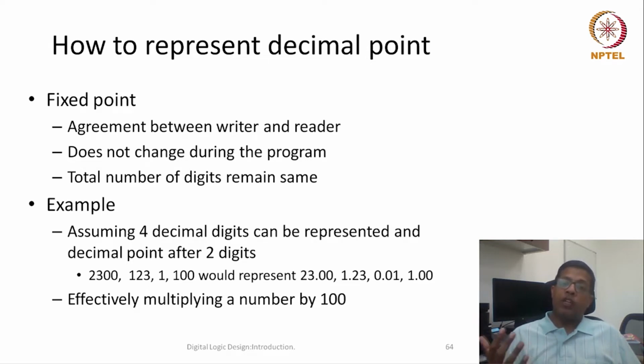I would like to rephrase this question also. What question are we solving? The decimal point also needs to be represented as 0 or 1. We have only 2 symbols. In the decimal system we invented one more symbol. Initially there were 10 symbols, 0, 1, 2, 3, 4, 5, 6, 7, 8, 9. Then because we wanted to write a real number, we invented one more symbol called dot.